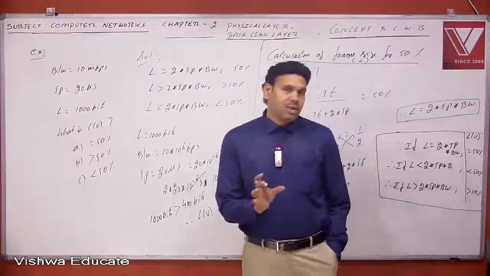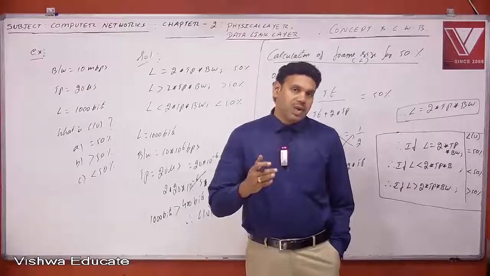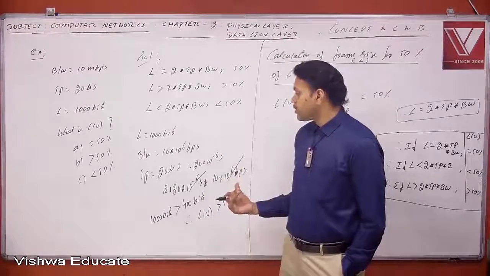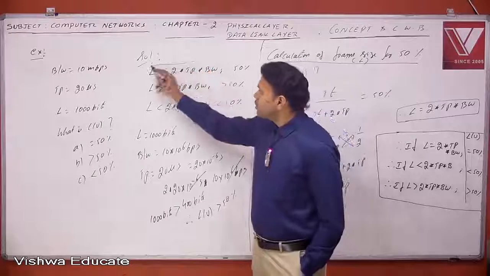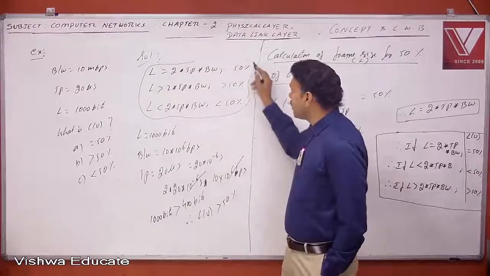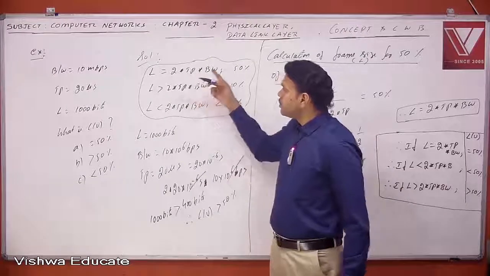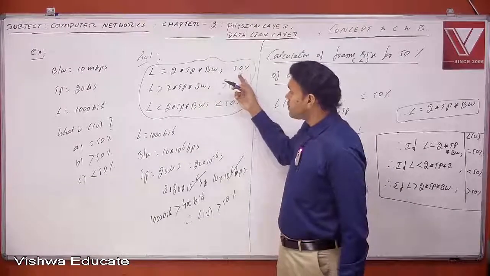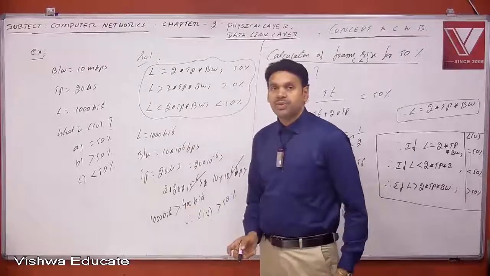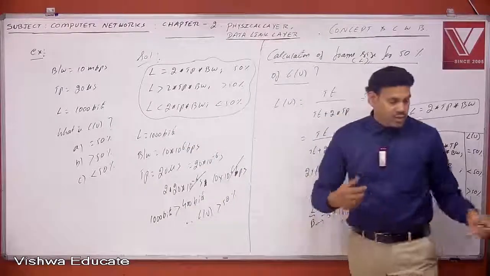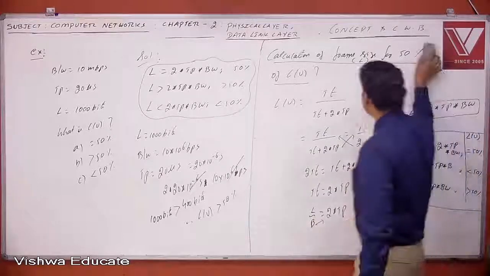These are all the shortcut derived equations which you can't get from any other textbooks. Using this equation, I can get the L value, the TP value, the bandwidth value, and the efficiency also I can measure using these expressions.